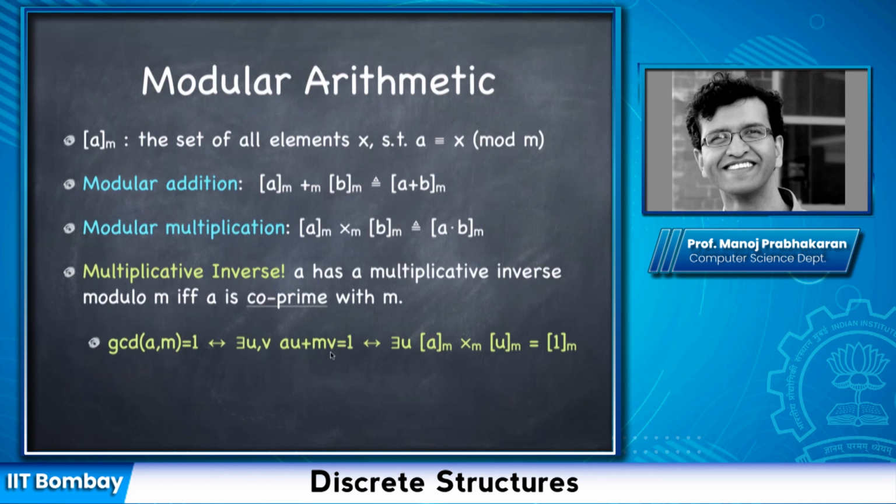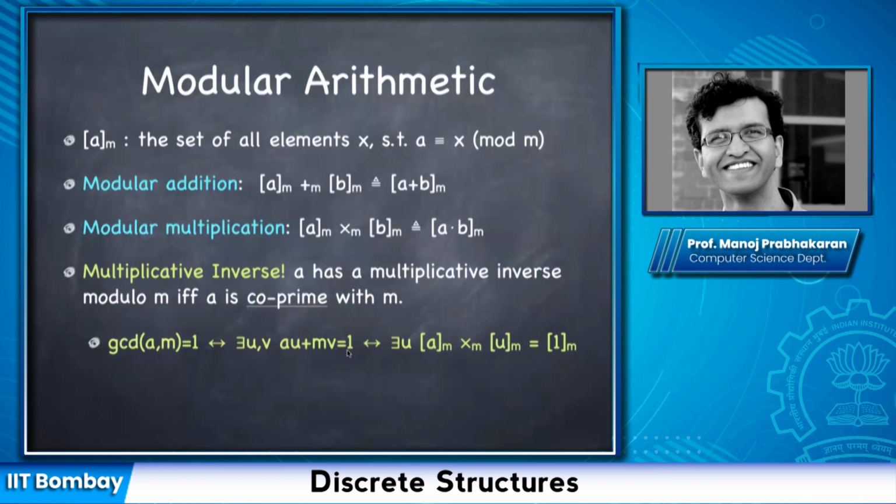And further, the smallest number you can write in this way is the GCD. So if we can write 1 as an integer combination of a and m, then the GCD divides 1.